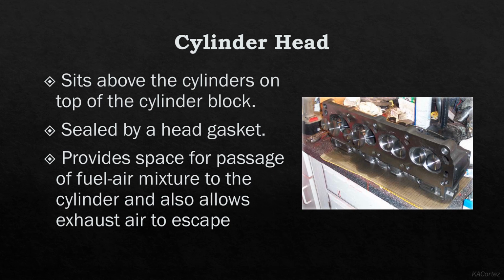It also provides space for the passage of the fuel and air mixture to the cylinder and also allows the exhaust air to escape. The head can also be used to mount the valves, spark plugs, and fuel injector.